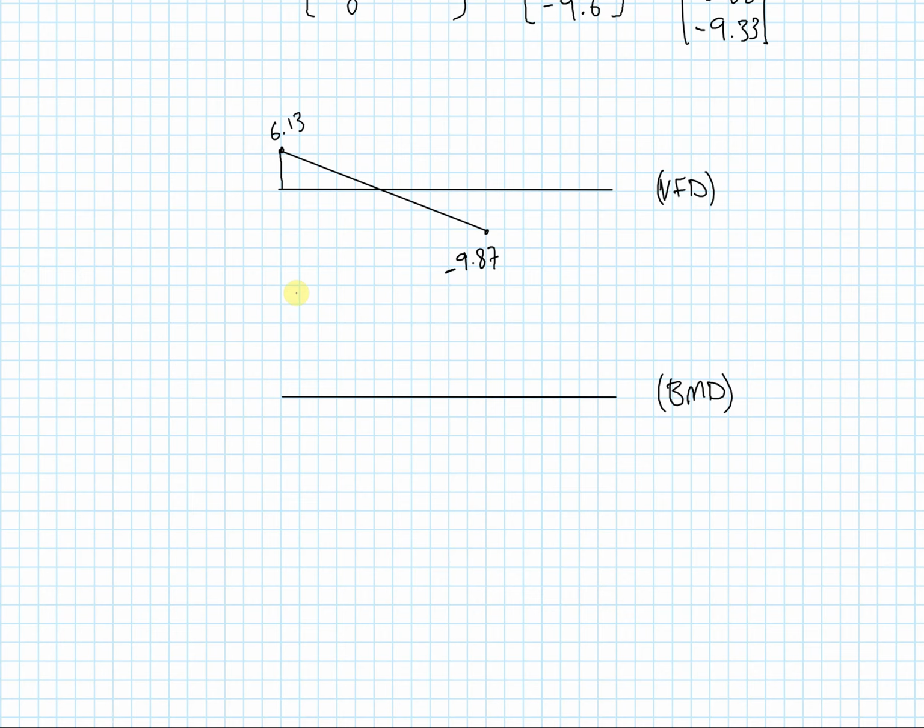And then because I have this second roller support, I'll be pushed back up again. This second value is 13.12. And this time I need to go flat like that. And then because of the point load that is being applied, I need to go back down, go flat, and then go back up.